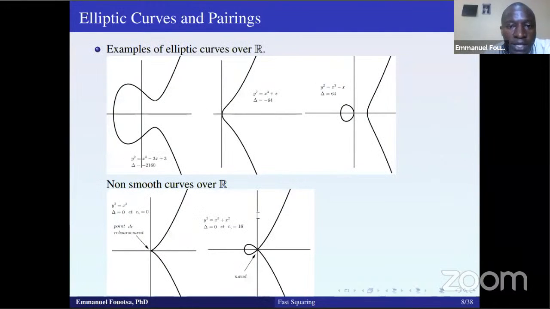These are examples of elliptic curves over the reals. And these ones are not elliptic curves, because at this point the discriminant is equal to 0.